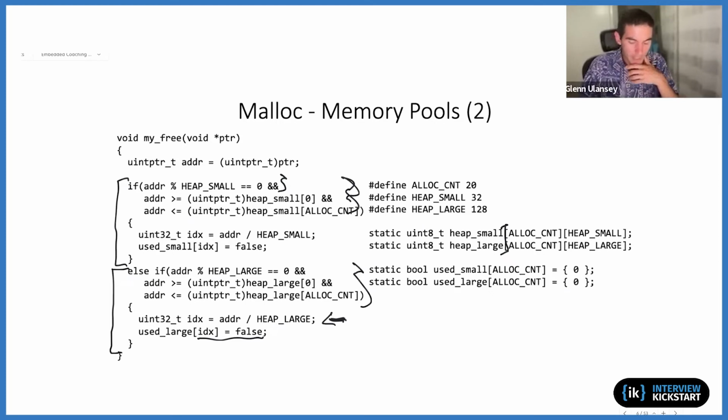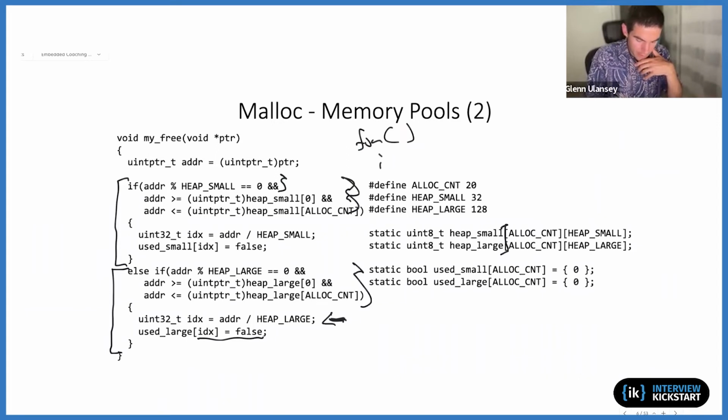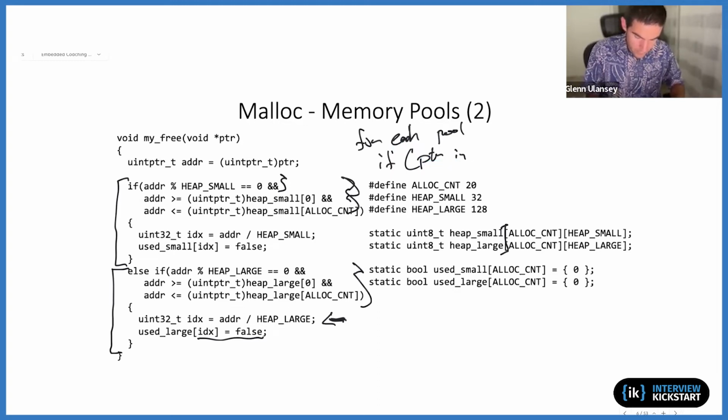What may have been better is to have essentially a for loop in here, for each pool, and then if pointer in pool, do something.